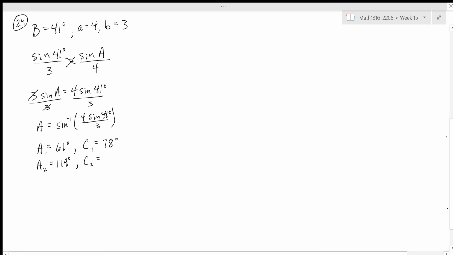And now remember that your second angle C has to complete the cycle again. Right? So angle A plus B plus C makes 180. 119 plus 41 plus what makes 180?